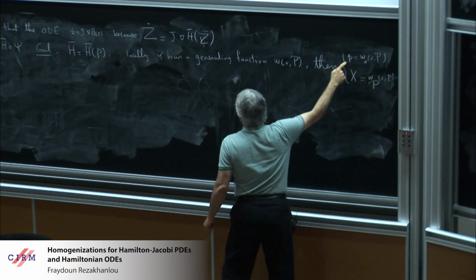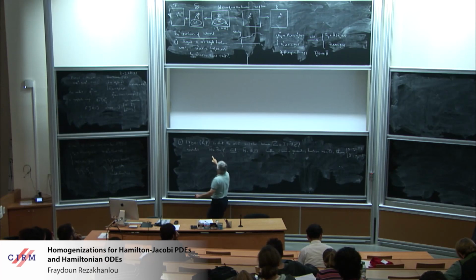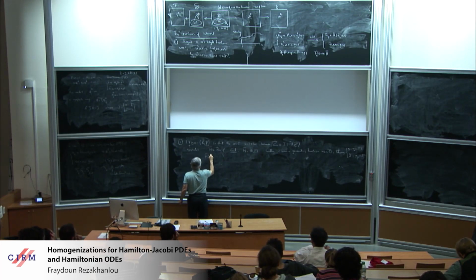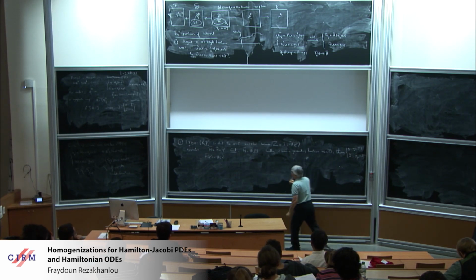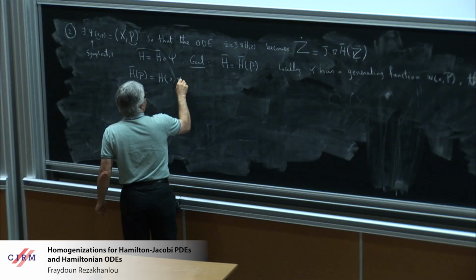And if you substitute this p in this formula, which can be written as H bar of P equals H of, so here I have lowercase variables, but if I substitute this for the lowercase variable, I end up with the following formula.